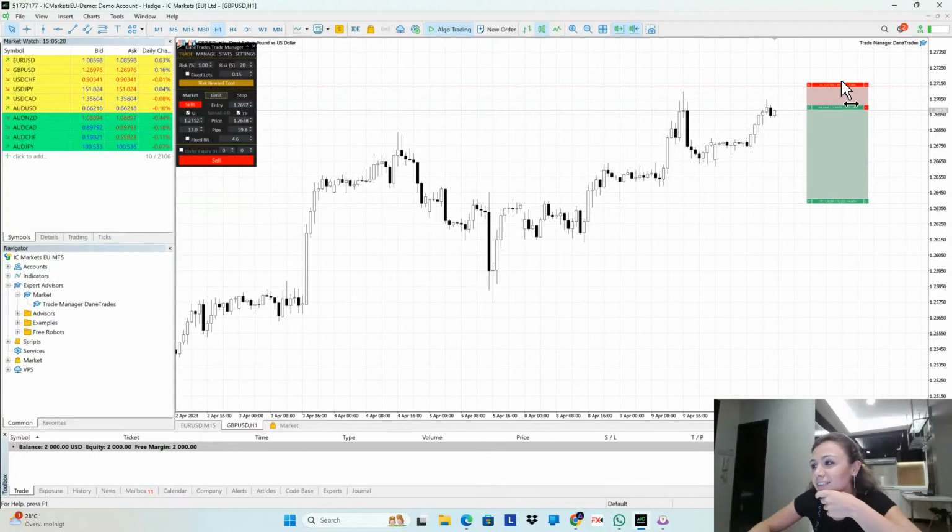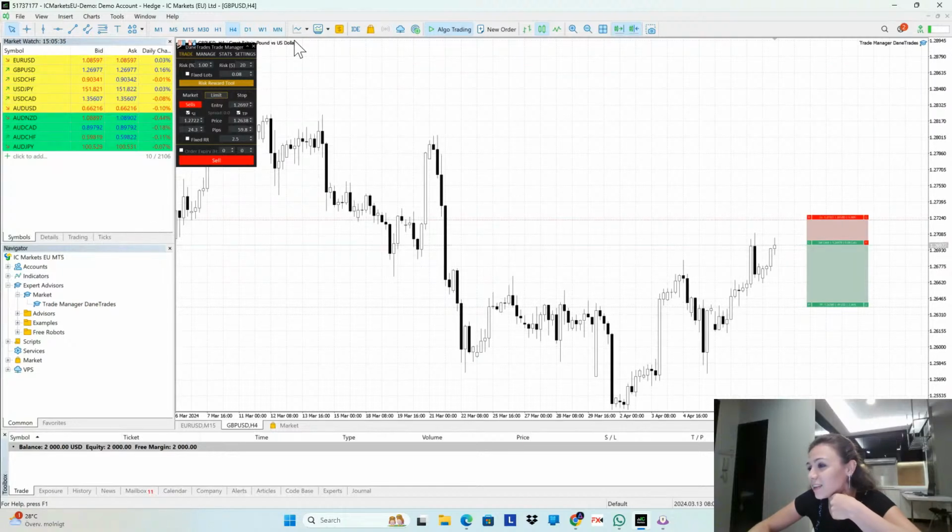But actually, it's better not to put any stop loss for CPI. Because I will put a stop loss, but a bit further. Let me see what's happening there. Yeah, that would be fine. It's 25 pips stop loss. You can see it here.